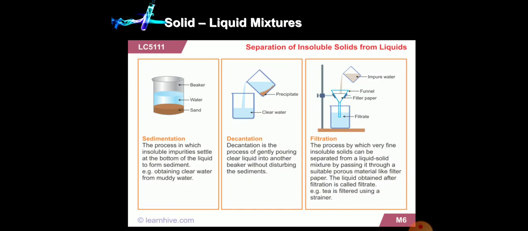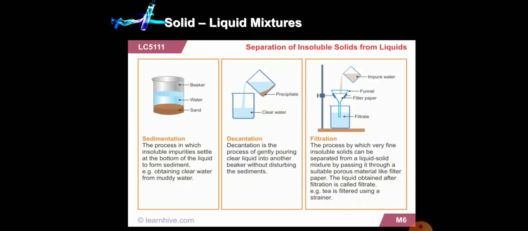In this, a filter paper is used, a cone of filter paper is made, and then it is placed in the funnel, as in the assembly which you can see over there. A beaker is kept, above it a funnel is attached, inside it a filter paper is placed, and the impure water which we obtain after the decantation process is poured in.